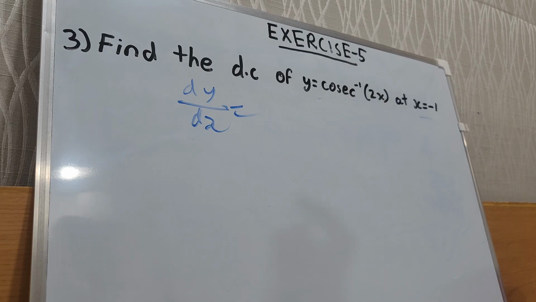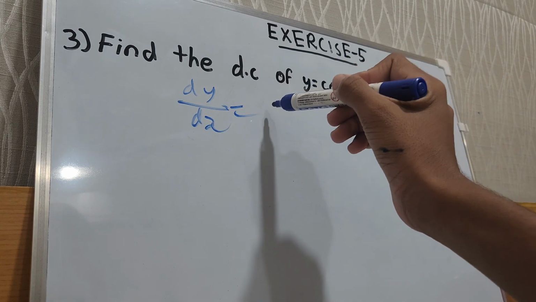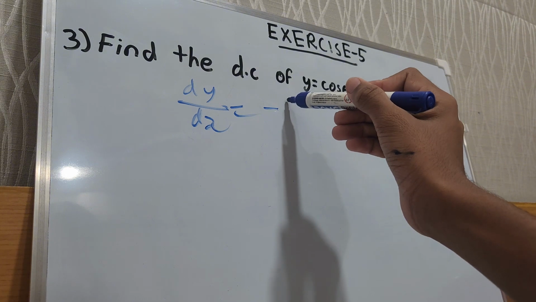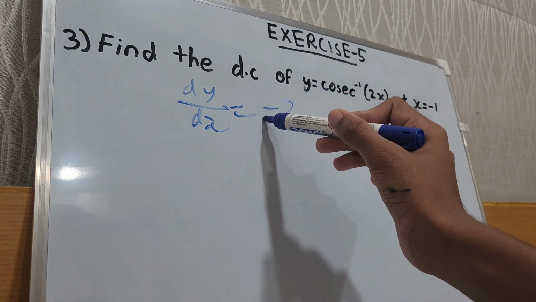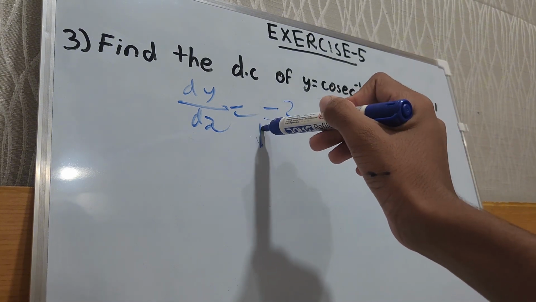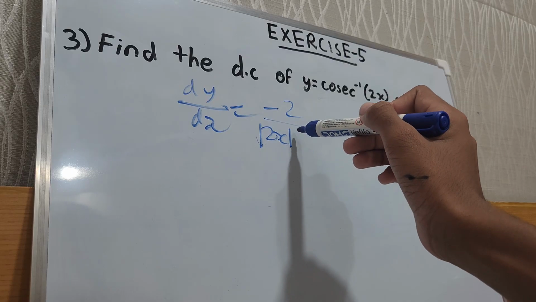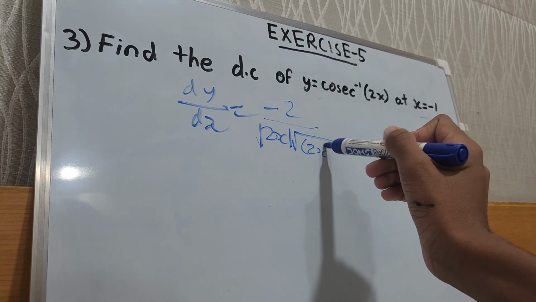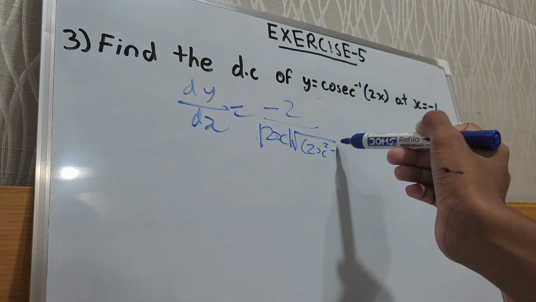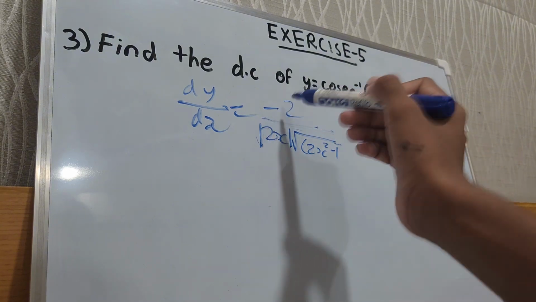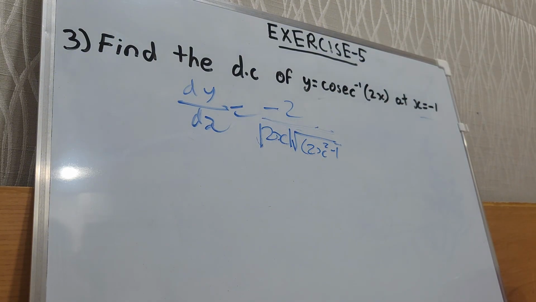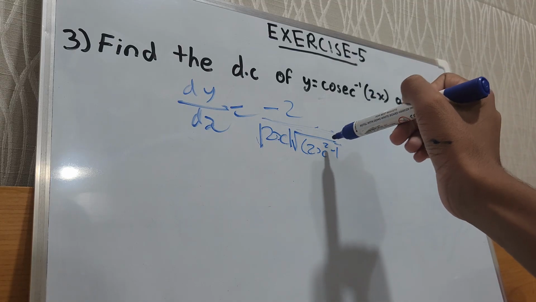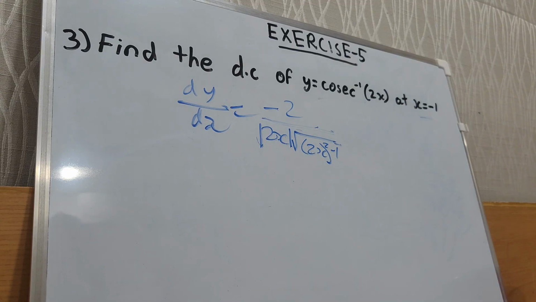The formula is minus 1 by mod x into root of x squared minus 1.